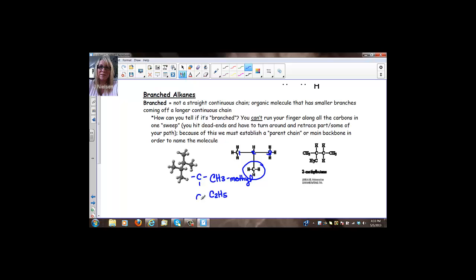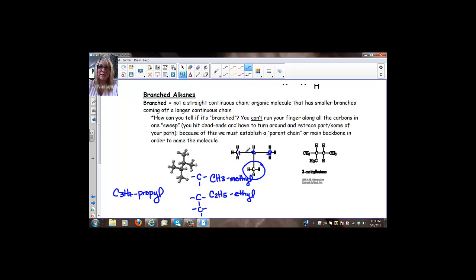A C2H5 group would look like this. Here's C2H5, 1, 2, 3, 4, 5. This is called an ethyl group. And there's one more that's called a propyl group, which is basically just C3H7. I don't think you'll see any of those, but I will write it down.